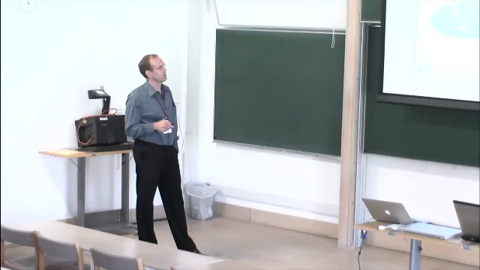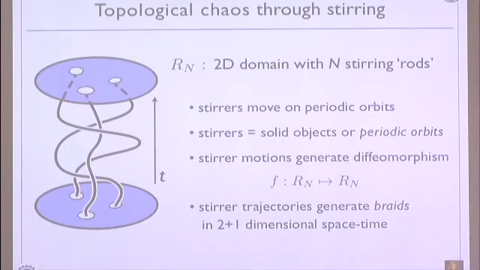So in terms of strict application of the theorem, we need these stirrers to move on periodic orbits. And typically how we think about this is that these stirrer motions are generating a diffeomorphism on the disk. The perspective that I'm going to take is a little bit different from that. I'm going to have a diffeomorphism on the disk that happens to generate the stirrer motions. And part of the question I'm going to ask is, how do perturbations of this diffeomorphism affect the underlying topology then?